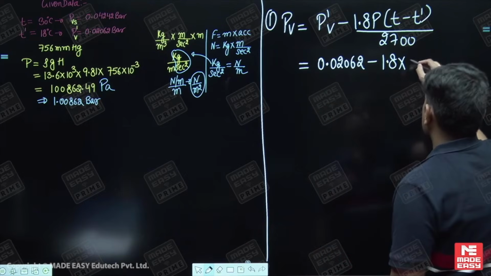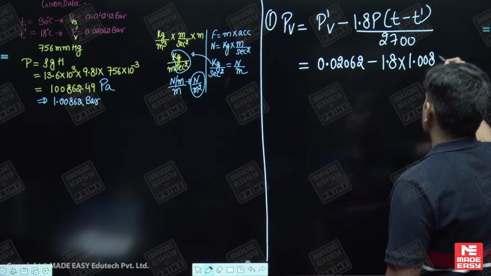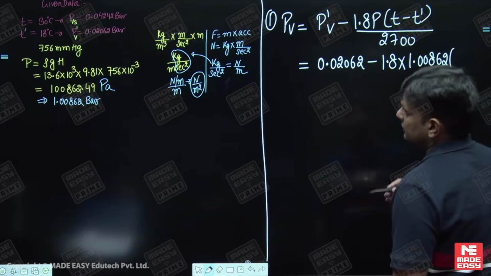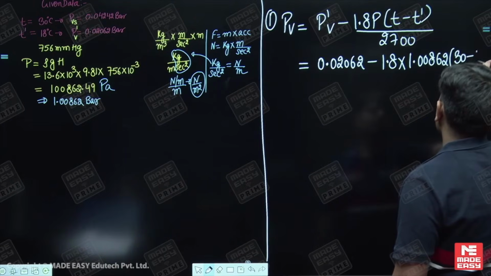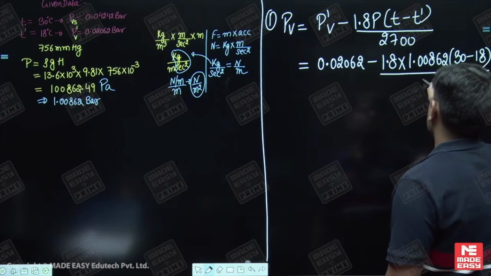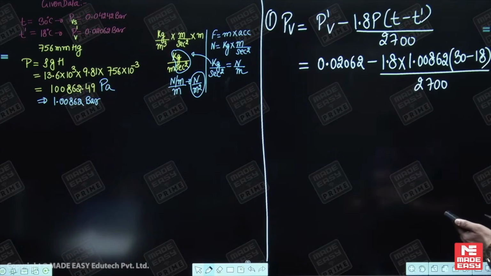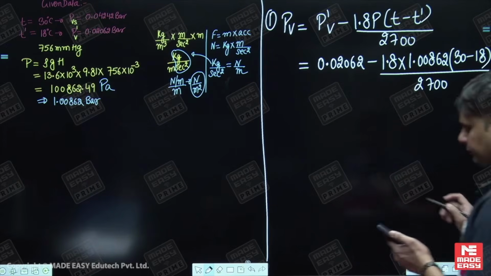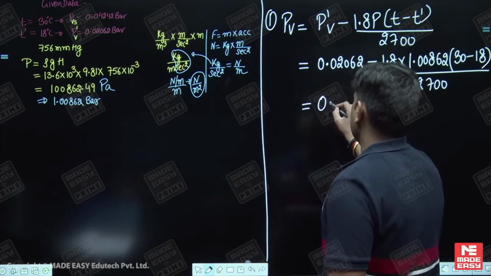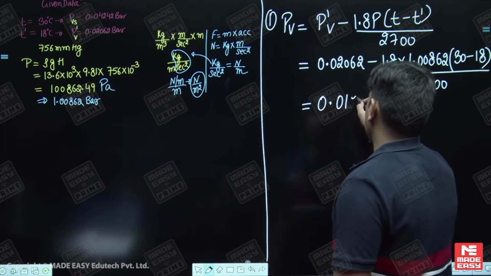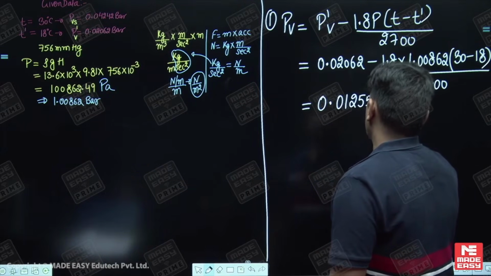P is the total pressure, so 1.00862, and this is the dry bulb temperature and this is the wet bulb temperature, divided by 2700. So 1.00862 into 1.8 gives 0.01255 bar.